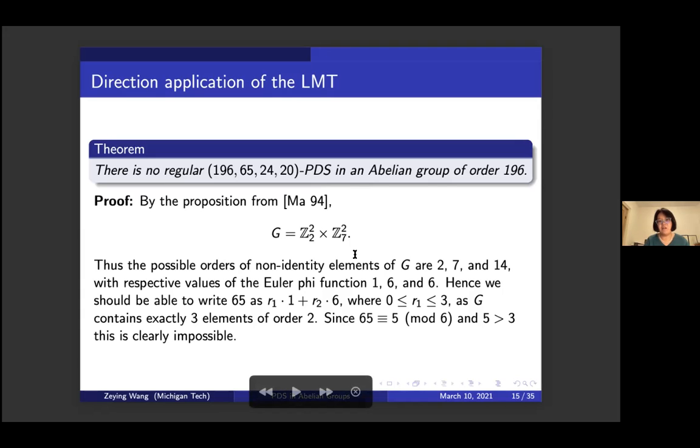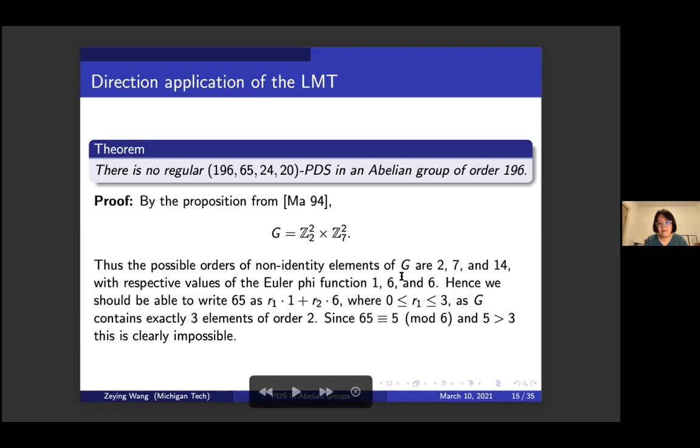Then we know that the only possible orders of non-identity elements are 2, 7, or 14. We care about the Euler phi function of those orders. Euler phi of 2 is 1, of 7 is 6, and of 14 is also 6. We care about how many numbers up to the order are coprime with it, because of my local multiplier theorem.